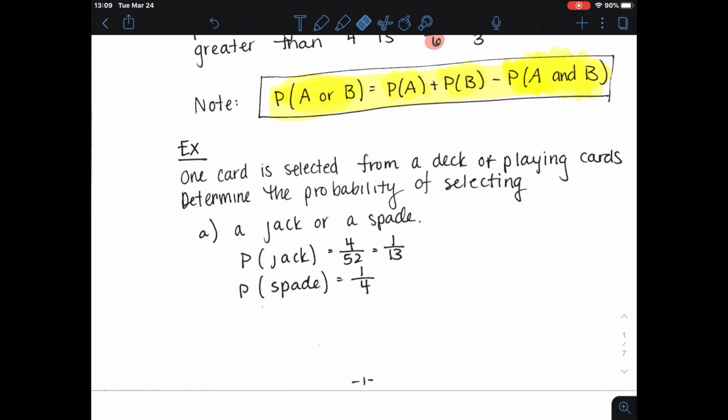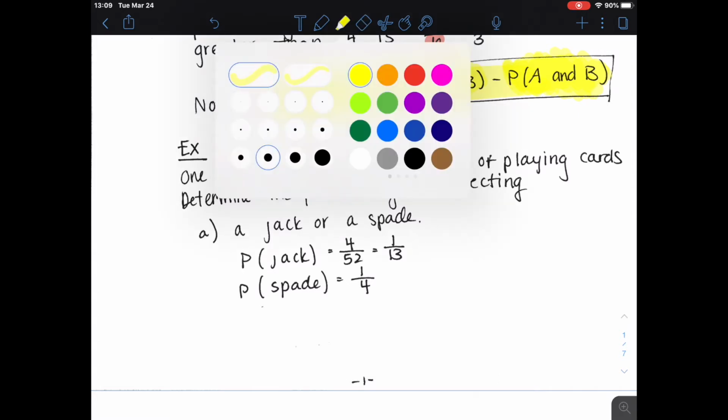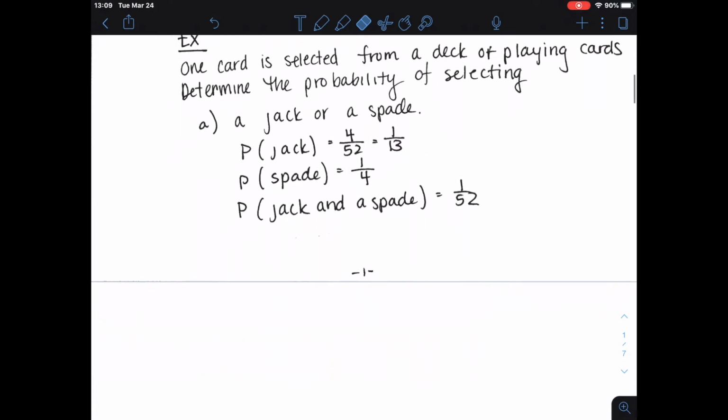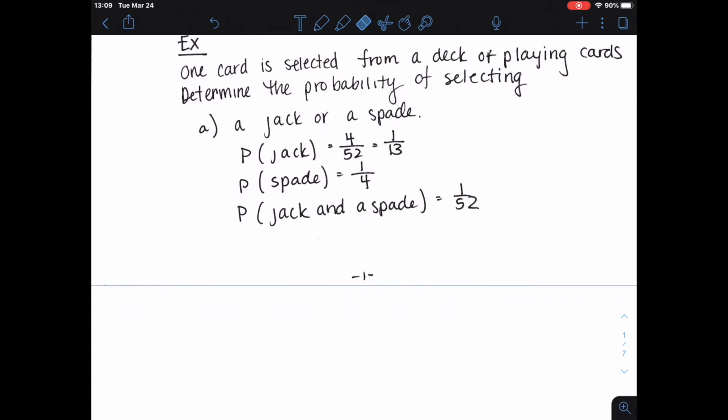Now we're going to look at this instance: what's the probability we're going to have a jack and a spade? For that, there's only one card that is a jack and a spade, so there's a 1 in 52 chance of getting the jack of spades. Now that we have this, we can just utilize that formula.